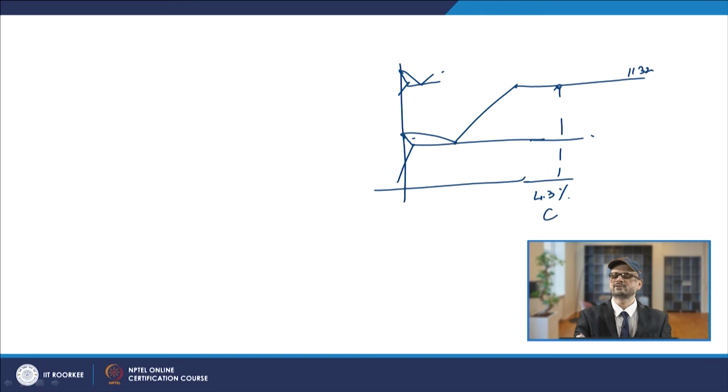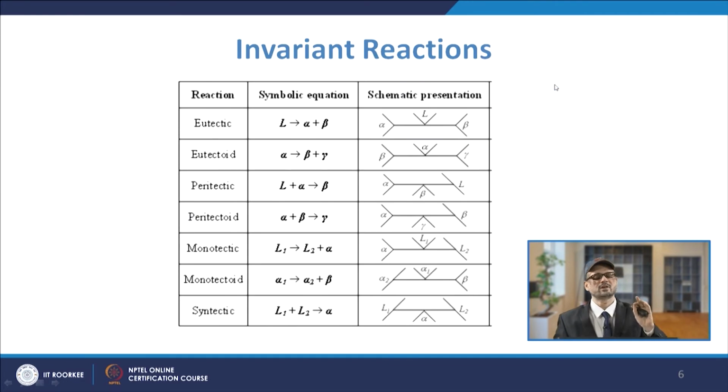Here, basically, you will have the austenite plus cementite, these 2 mixtures. On this side you will have gamma and on this side you will have Fe3C. That will be formed, and you will have this side as the liquid. So, that is your eutectic reaction, which you will come across in many systems.